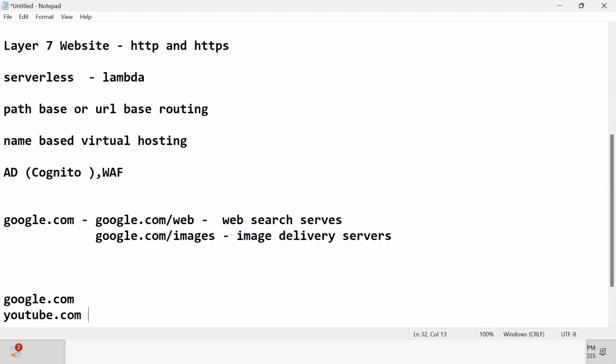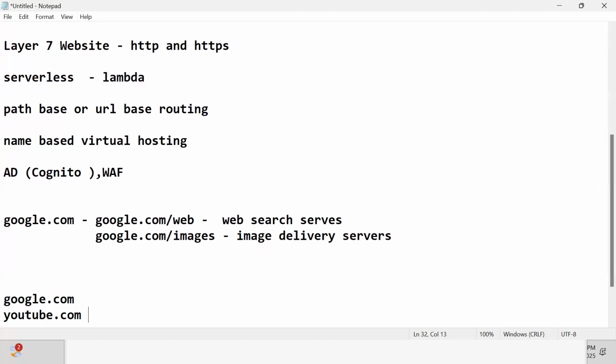I have two hosts or two domains, and according to that, I want to redirect the traffic. In that use case, I'm going to use name-based virtual hosting.